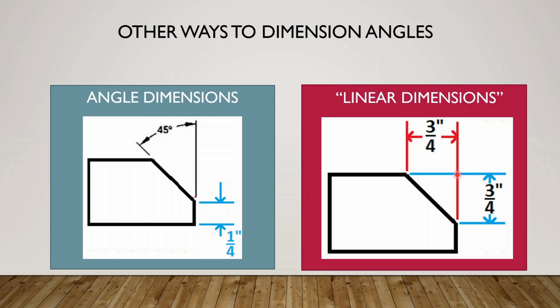Then they're going to look at this blue dimension here, and they're going to travel from that corner down 3/4 and draw a dot. Then they can connect the lines, and that would theoretically give them the same 45-degree angle. These are two different ways of saying the same thing. They're both correct. The preference ultimately goes to what is most clear or what makes the most sense for the person who has to go and make it.